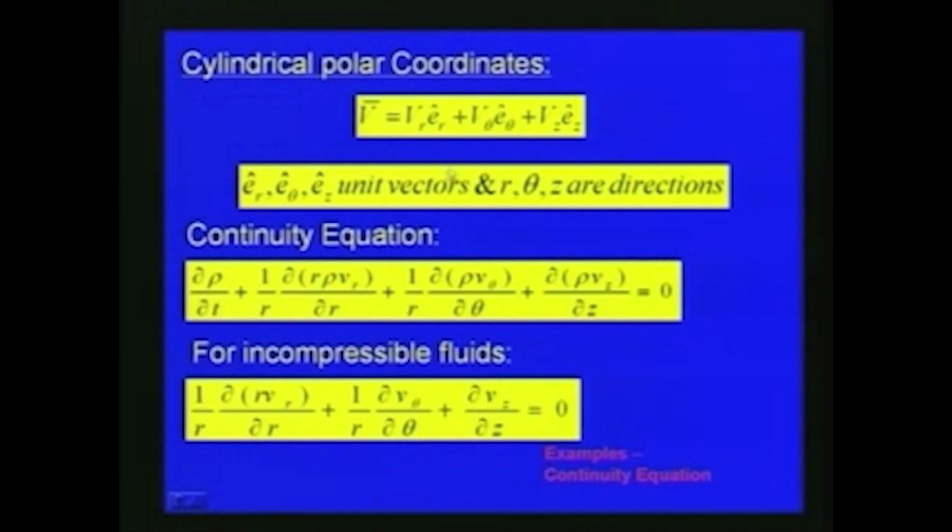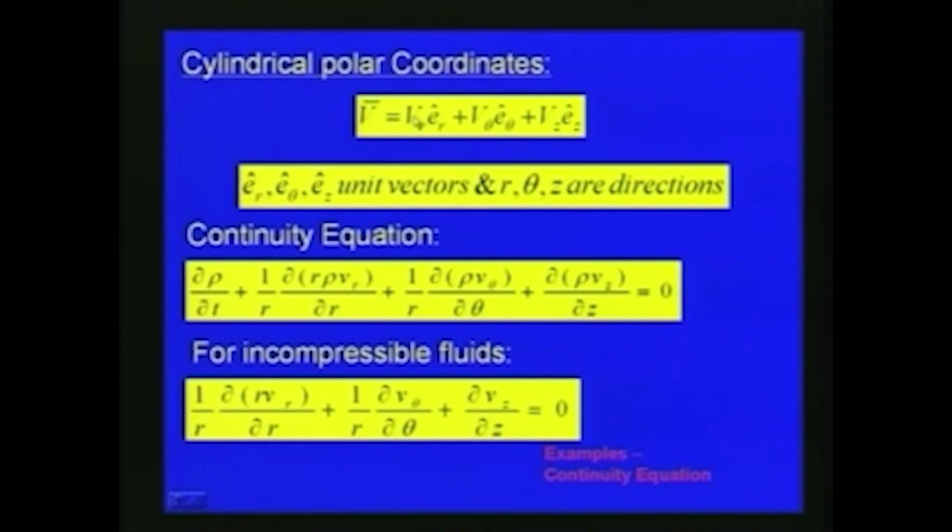Sometimes we have to deal with the polar coordinate system or cylindrical coordinate system, in terms of the radial direction r, theta and z. In that case the continuity equation can be derived as shown in this slide.